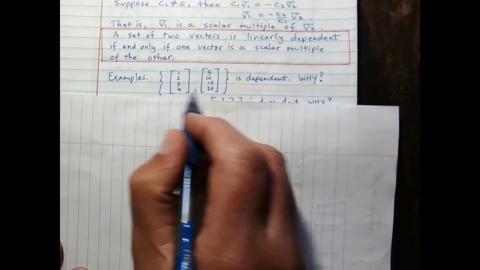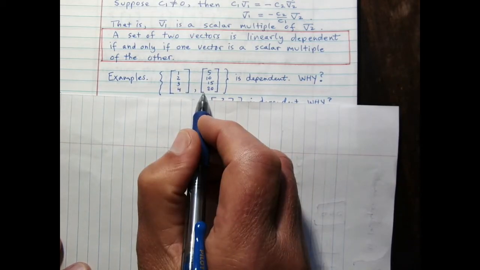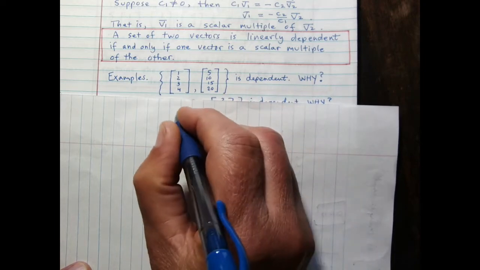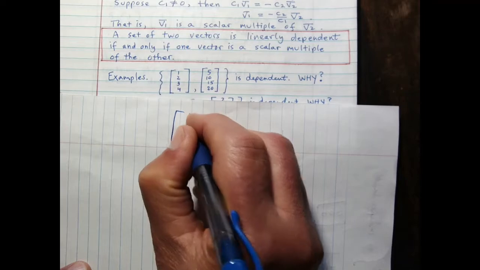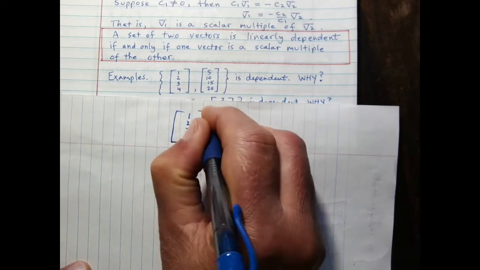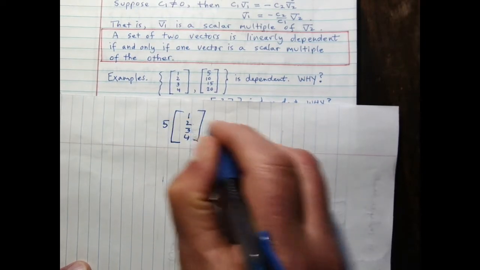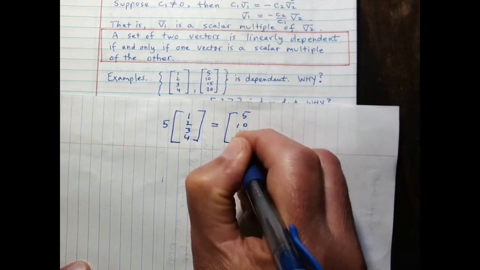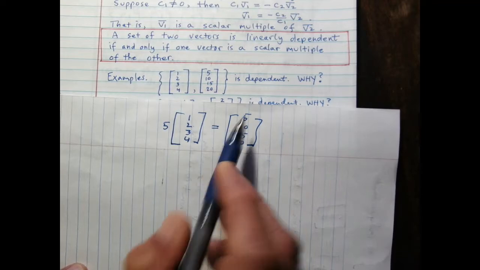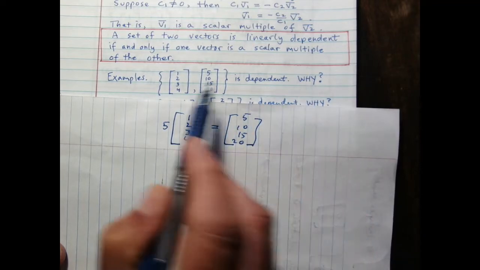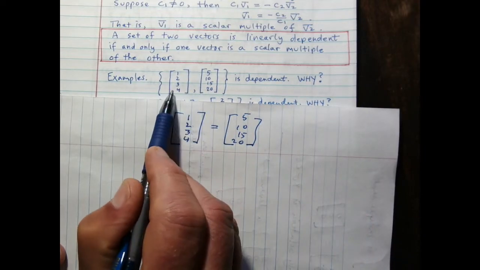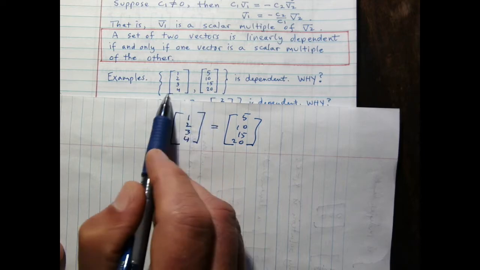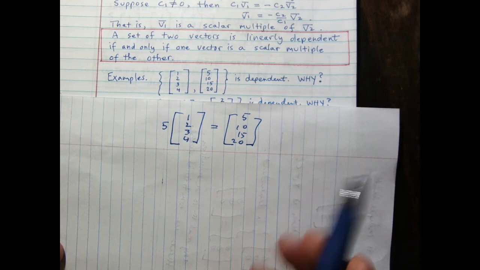But I can just look at this set of two vectors and tell they're dependent. Why? Because if I take (1, 2, 3, 4) and multiply by the scalar 5, I get (5, 10, 15, 20). So the second vector is a scalar multiple of the first, and so they must be dependent.